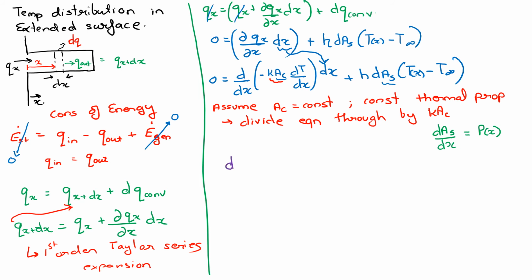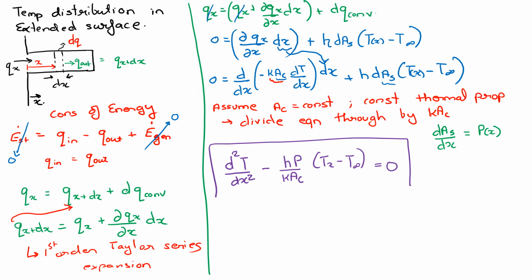And on doing that, our equation becomes d square T by dx square minus h times the perimeter divided by k into A_c times T at x minus T at infinity equals 0.